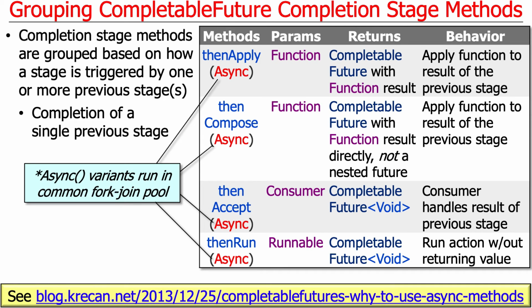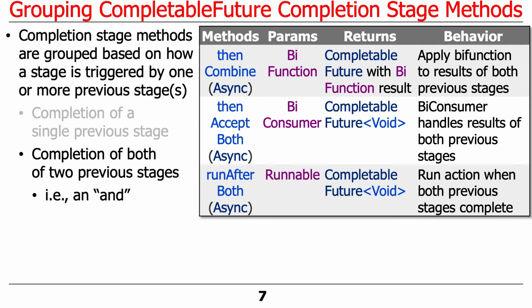So these are the ones that complete when a single previous stage is finished. So these methods are triggered when a single previous stage completes. There are then a bunch of other methods that have both async and non-async variants. And these complete when both of two previous stages complete. So you can think of them as effectively a logical AND operation.